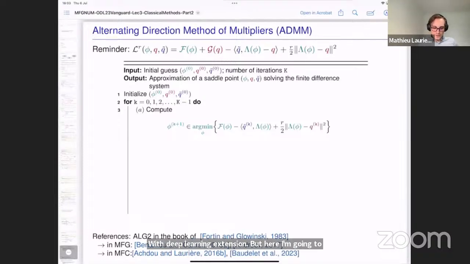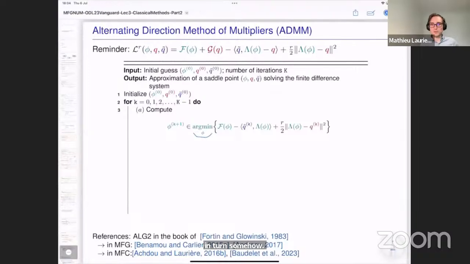The idea being that you try to find a saddle point by alternating between the three components. So you have phi, you have q tilde, and you update each of them in turn somehow. So you look at phi and you say phi should be a minimizer of the Lagrangian. If you give me the two other variables, phi should be a minimizer.